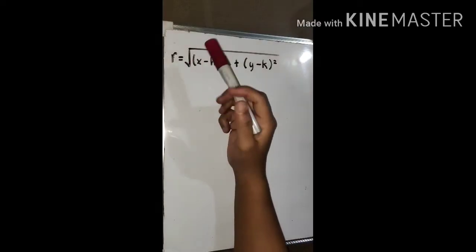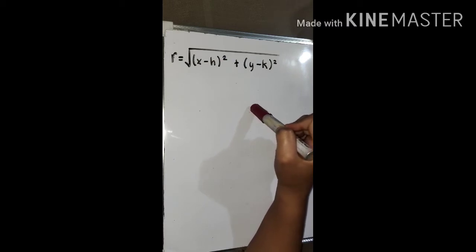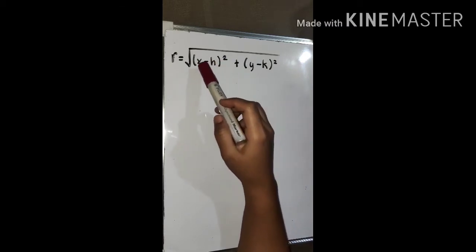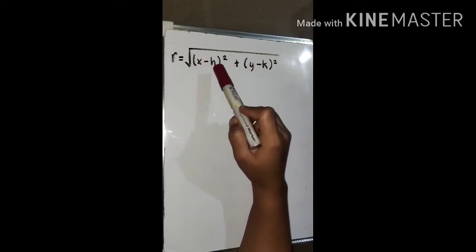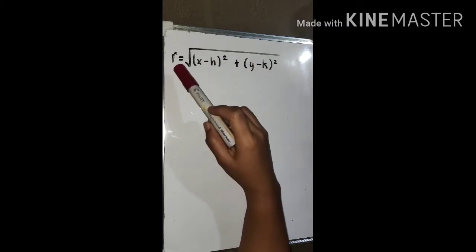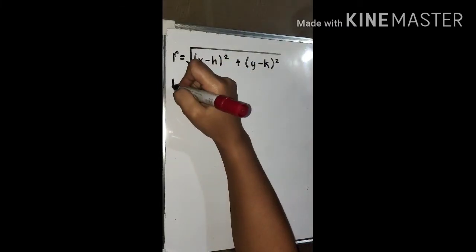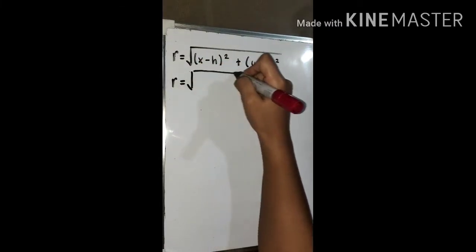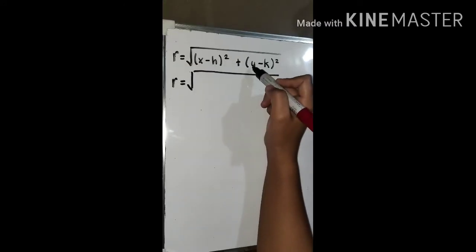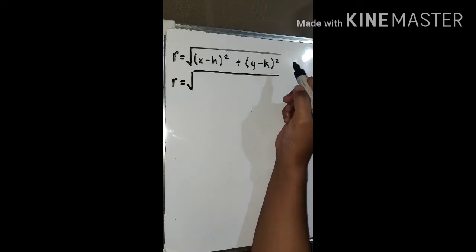The radius is the distance between a point on a circle and the center of the circle. Given those 2 points, (x, y) for the point on the circle and (h, k) for the center, we can solve for the distance or the radius using the distance formula. We just substitute the values of x and y from the point on the circle, and h and k from the center.